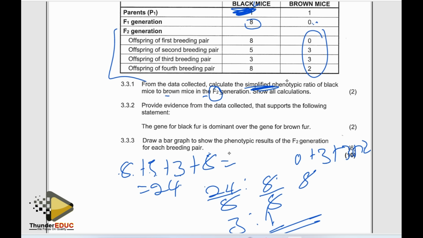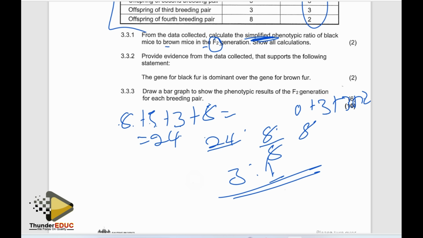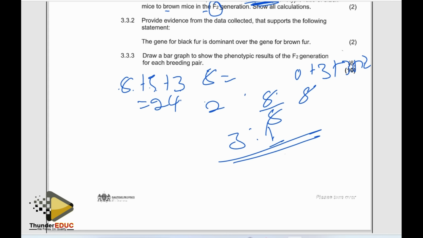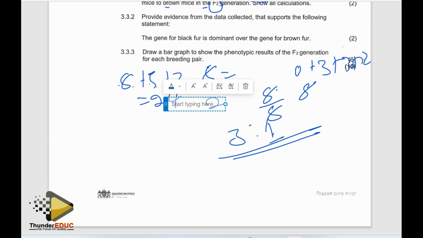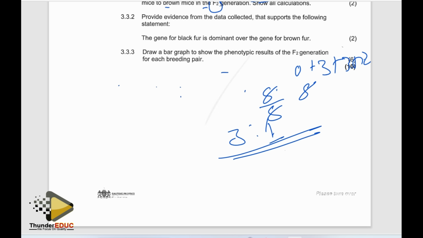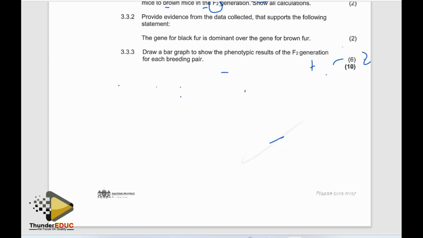They're saying do a bar graph of the phenotypic ratio of F2 generation for each breeding pair. So guys, here they're just talking about the bar graph. I'm not going to draw a bar graph for you, but I'm just going to talk about what is really needed here to do the bar graph.